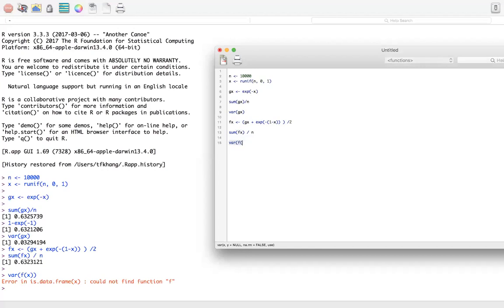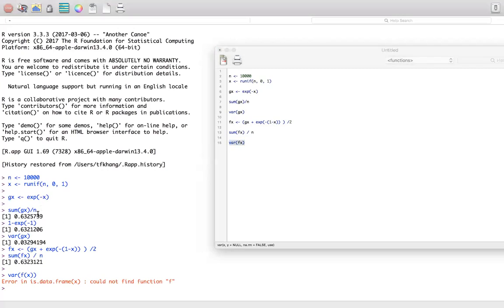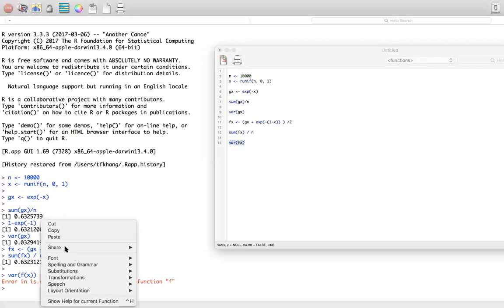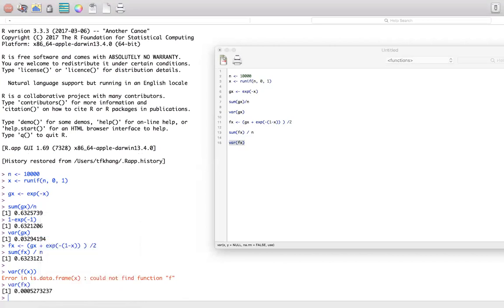This is just f of x. So the mean is actually about the same, very close to the answer. Look at the variance: 0.0005, relative to 0.03.